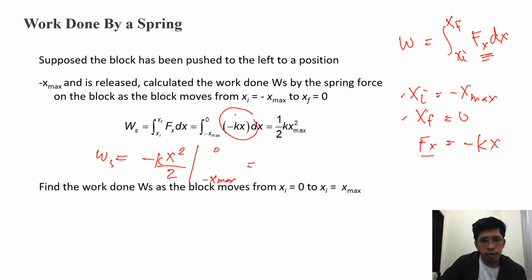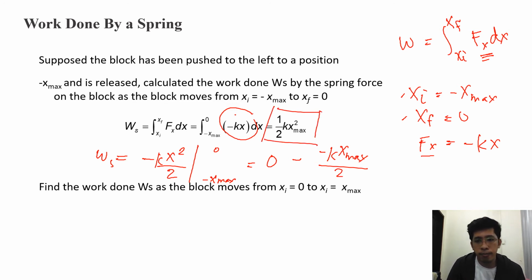So this is equal to 0 minus negative k times x max squared divided by 2. Your final answer is 1/2 k x max squared. This is the work done by the spring as it moves from the maximum compression, negative x max, to the equilibrium position, xf equals 0.